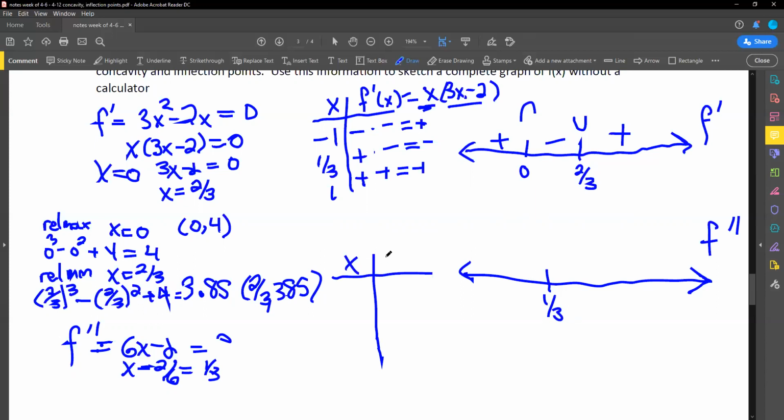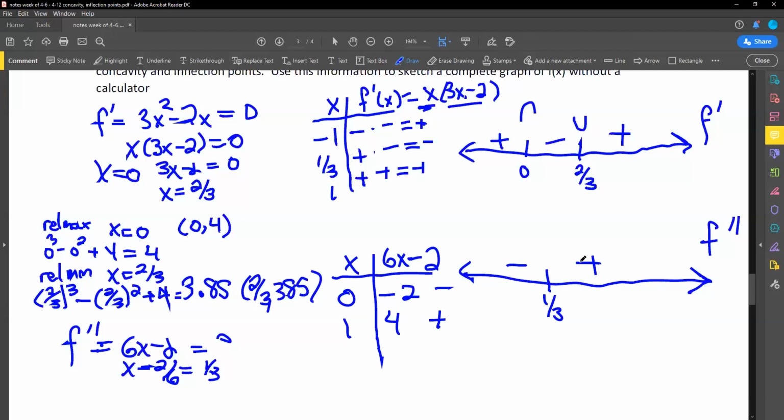We're going to test in the second derivative, which is 6x minus 2. So if you pick a number less than 1/3, I like 0. If I plug in 0, I get a negative here. And I'm going to pick one bigger than 1/3. Let's see, plug in 1. I get 6 minus 2 is 4. So it's positive, right? All right, so the second derivative changes sign there.